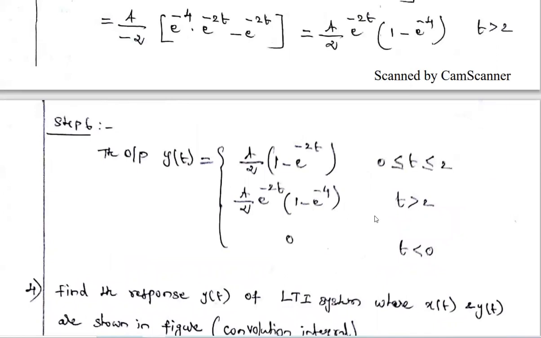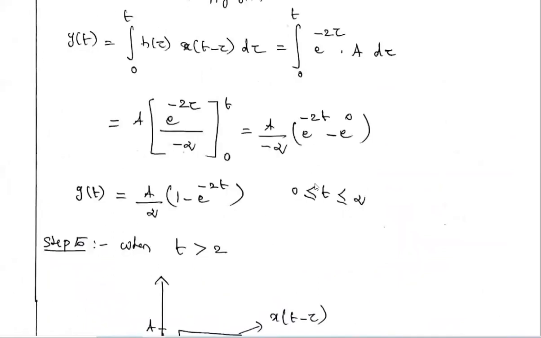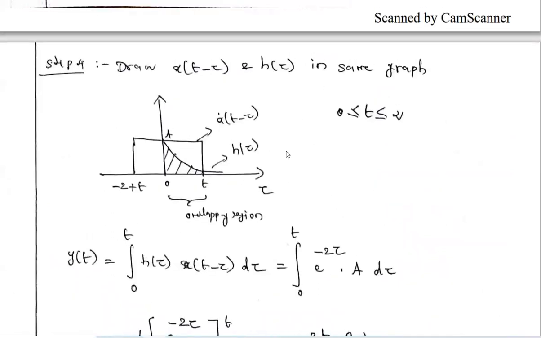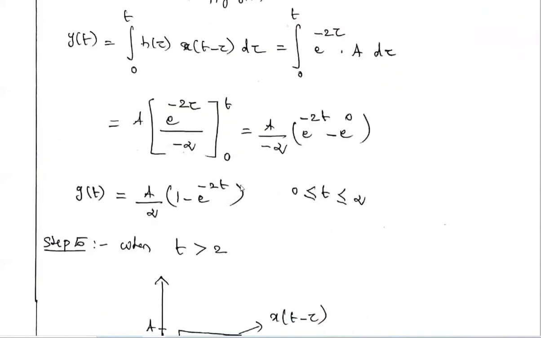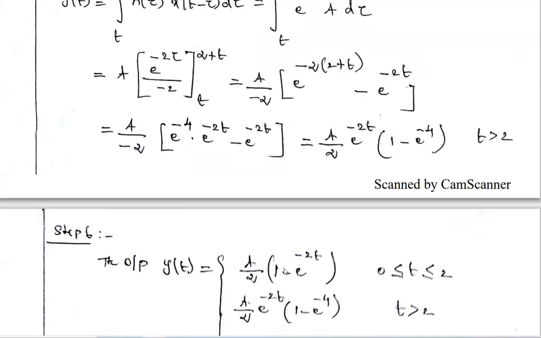Greater than 2. So this is for two shifts we calculated the value. One is the amount of shift is between 0 to 2. This x of t minus tau is partially overlapped with h of tau. So at the time we got one answer. Whenever the amount of shift t is greater than 2, it means fully overlapped, so we got one output y of t.